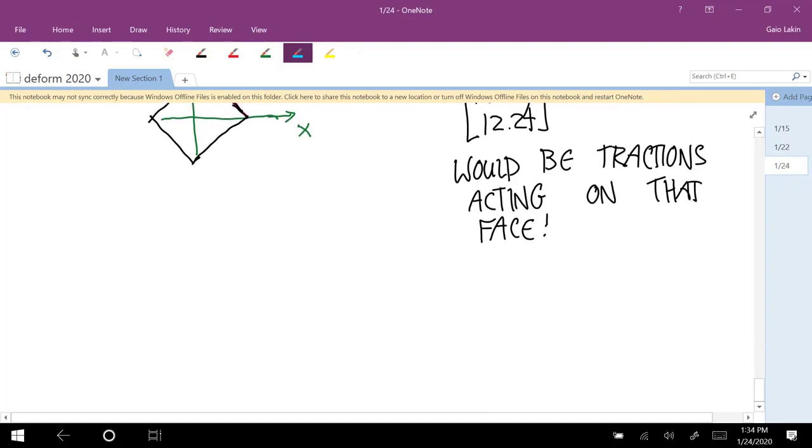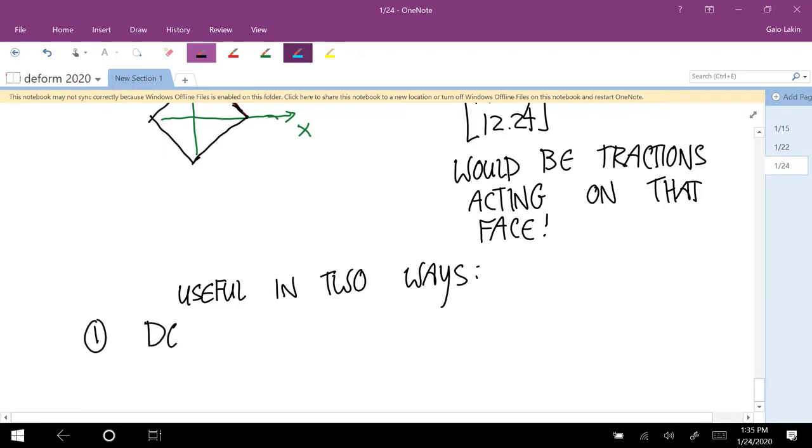So this is useful in two ways. The first one is in defining boundary conditions for mechanics problems.